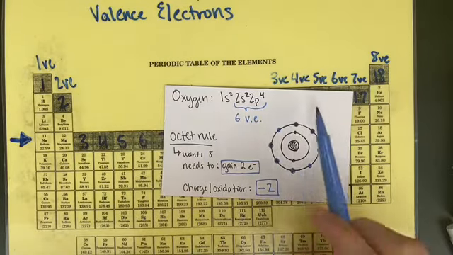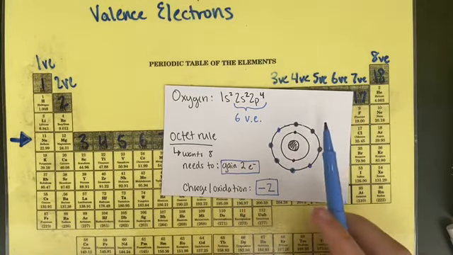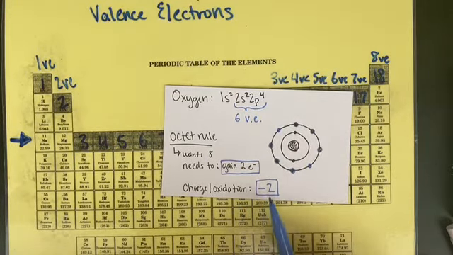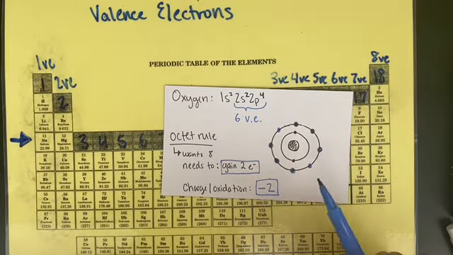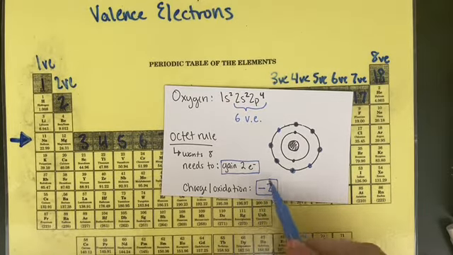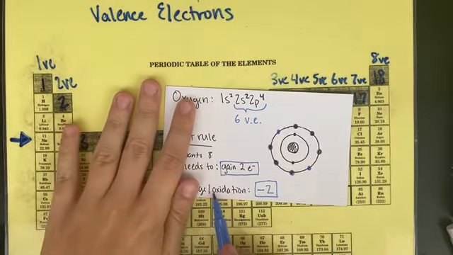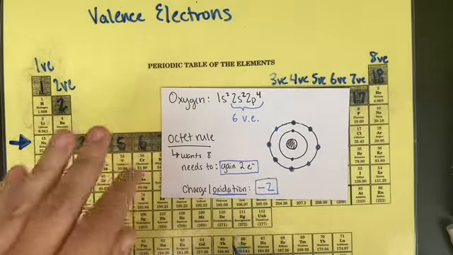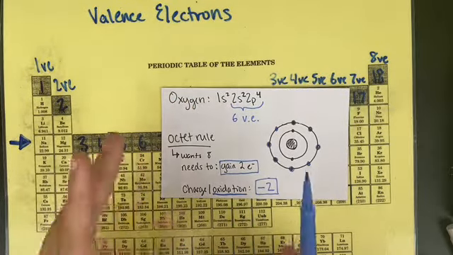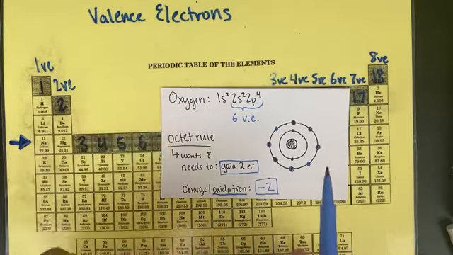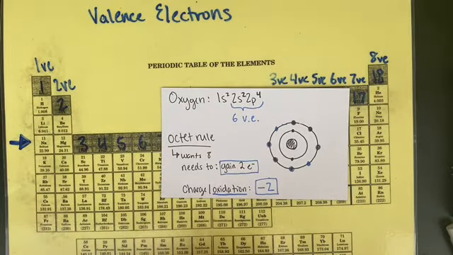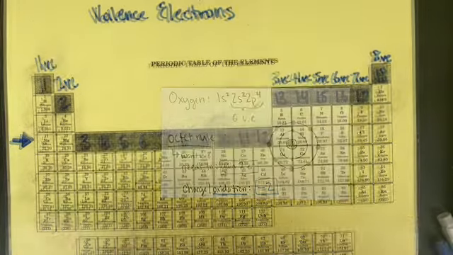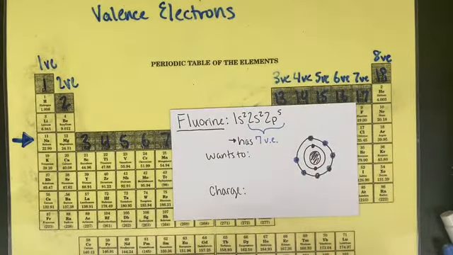So what that means is oxygen atoms tend to get a -2 charge whenever they form compounds. And there's a special name for this kind of charge. It's called an oxidation state or an oxidation number. And all that word is just a fancy name for the charge that the atom will get when it obtains the octet.